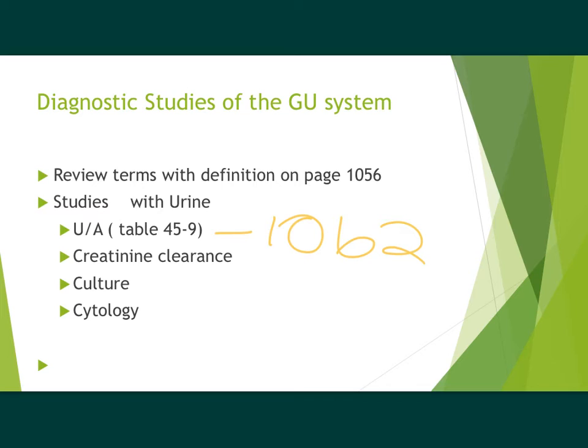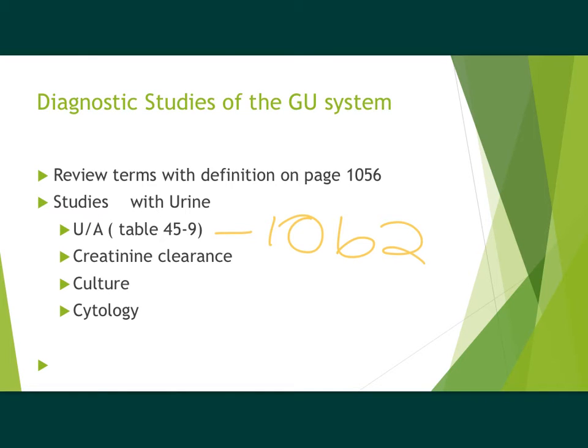And then if you skip to the next page, it talks about a urine culture. A lot of times we would refer to this as a clean catch or midstream. So read through this. You should have learned about the nursing responsibilities for a clean catch in MP1. If we need a urine culture, there's a difference, for instance, between how men would prepare and how women would prepare, so read through the nursing responsibilities.